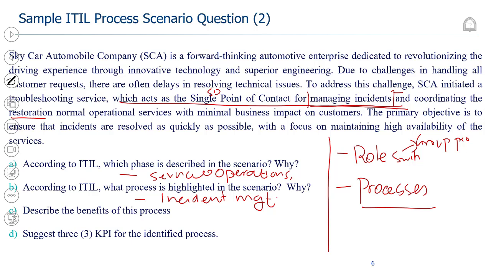You can use the primary objective because the primary objective is to ensure that the incidents are resolved as quickly as possible with focus on maintaining high availability of the services, because that is what incident management is all about, okay? It's in the service operations phase because there is something to do with the service desk there.